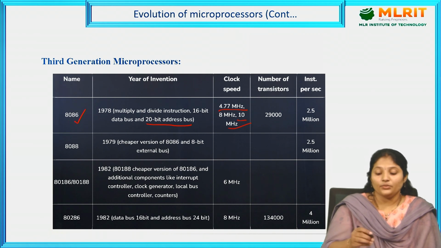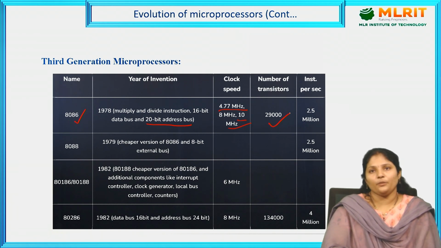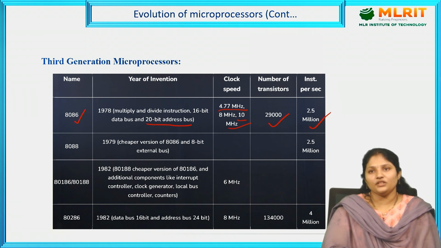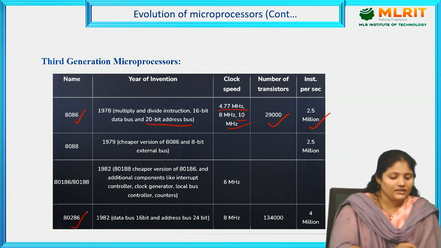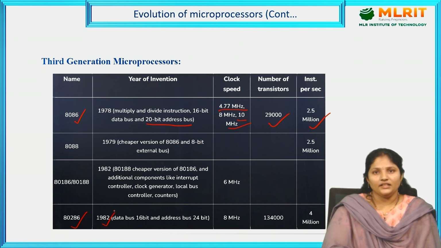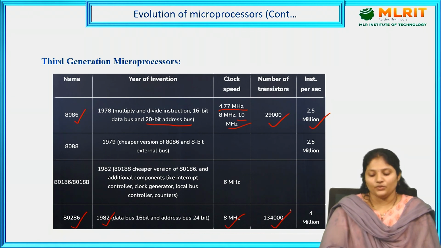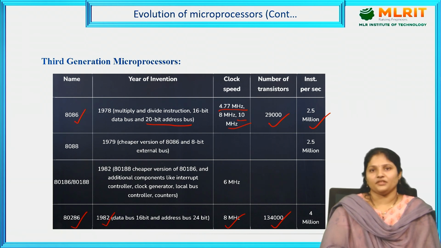Almost 29,000 transistors were used to manufacture the 8086, and 2.5 million instructions can be executed in 1 second. Another benchmark is the 80286, introduced in the year 1982 with an 8 megahertz clock, and 134,000 transistors were used to manufacture it.